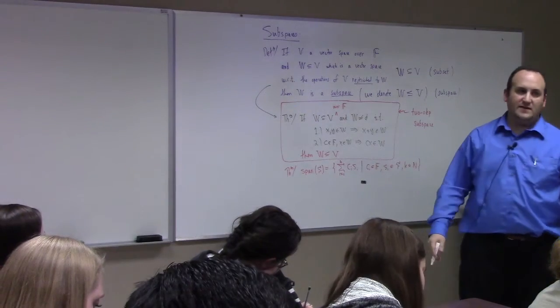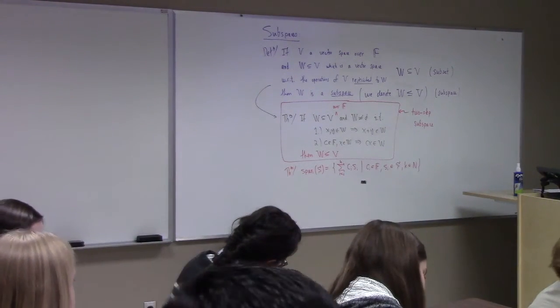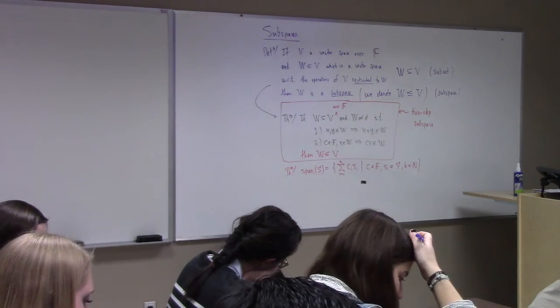In other words, the span of S is the set of all possible finite linear combinations of vectors in the generating set S, where the scalars for the linear combinations are being taken from the field.